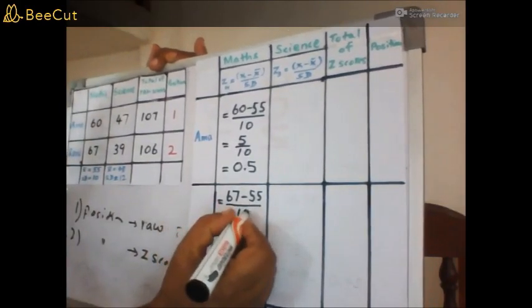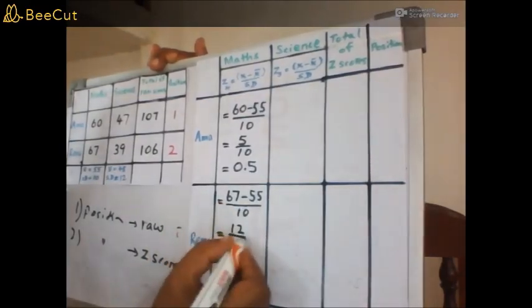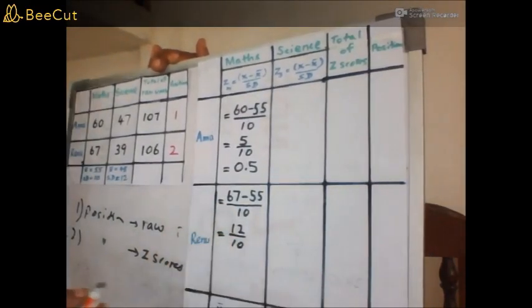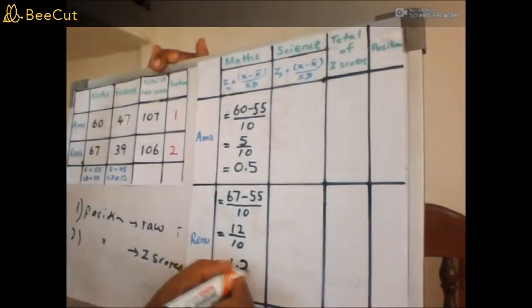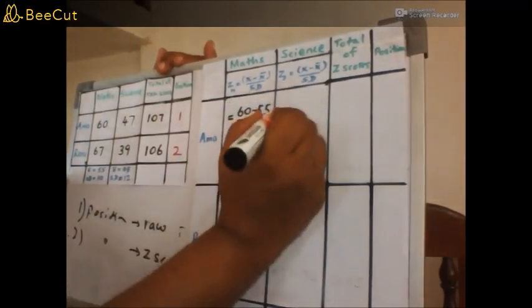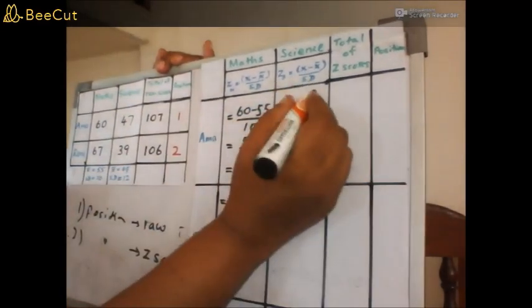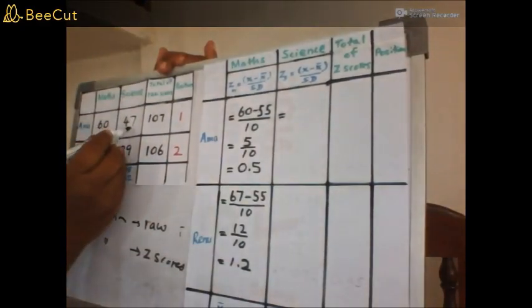Divided by 10. Here it's 12 divided by 10. The Z score is 1.2. Now we'll go to the science marks. X minus X bar divided by SD. Science. Our science mark is 47.